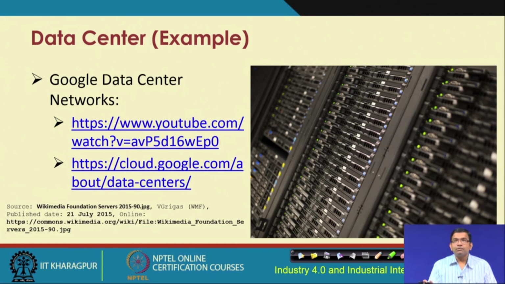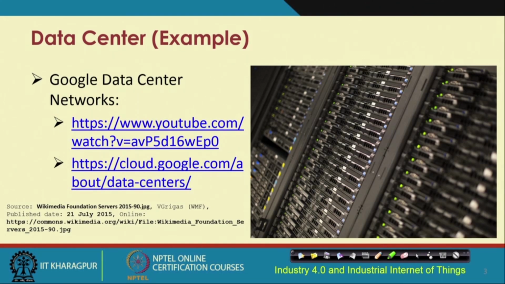On the right hand side, what you see in this particular picture is a picture of a data center network. Here, as you will notice, there are different servers showing these green lights.